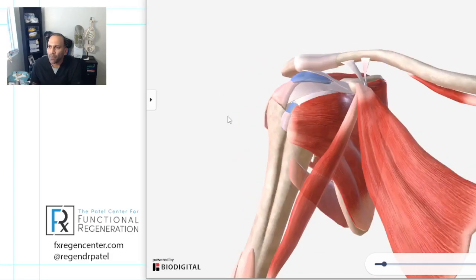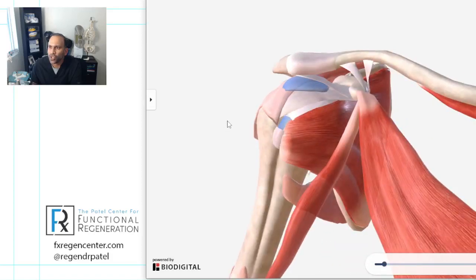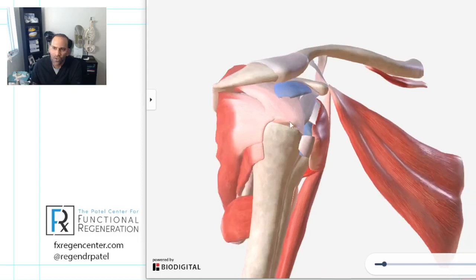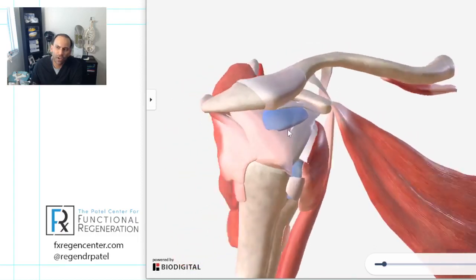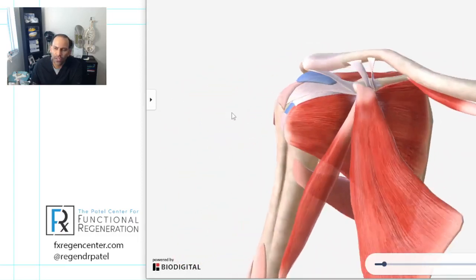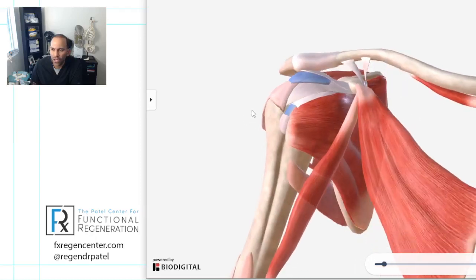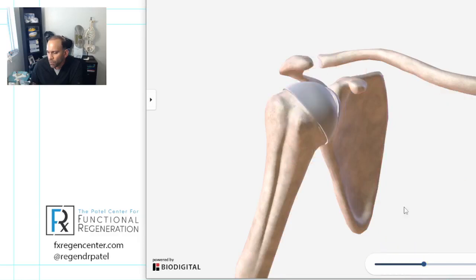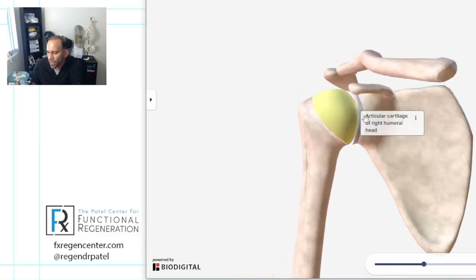Now, when we talk about shoulder injuries, generally speaking, they fall into two broad categories. Things that involve the joints or things that involve the rotator cuff or other soft tissue structures. So when we talk about the joints, again, we're talking about the ball and socket joint being the main joint in the shoulder.